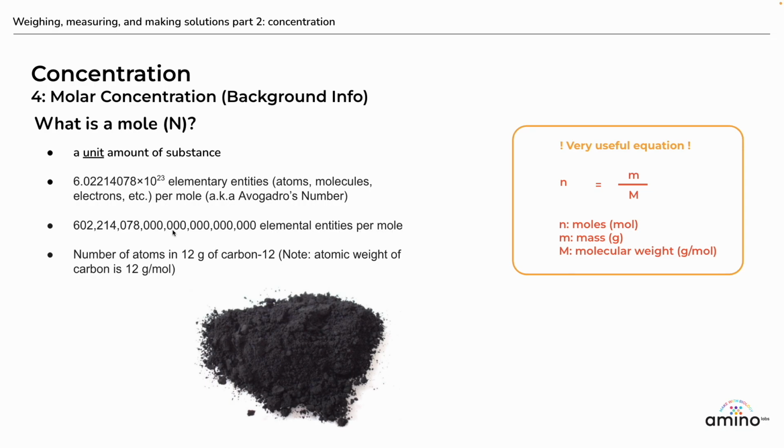Okay, so again, this could be like 1 mole of carbon atoms, for example, would have this many carbon atoms in it. Okay, so in a way it's kind of simple. We're not going to go into why this number too deeply, or the experiments that were used to derive it, but in short, the way that scientists came up with this number was by doing experiments on carbon 12.